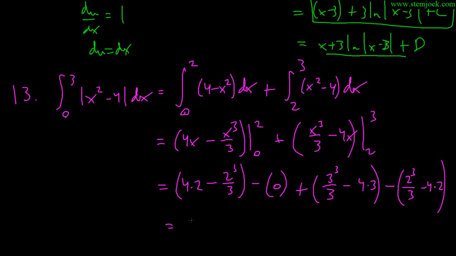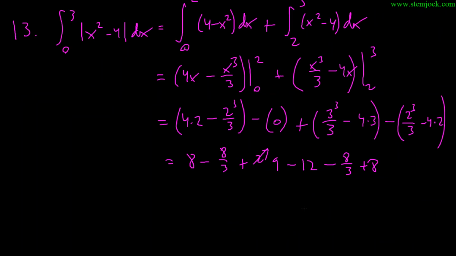All right, so this here is going to be 8 minus 8 thirds plus 27 over 3, which is 9, and then minus 12 minus 8 thirds, or no, plus 8. All right, so let's see, 8 plus 9 is 17. 17 plus 8 is 25.